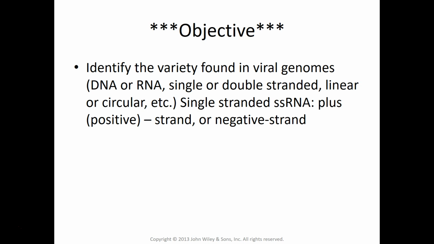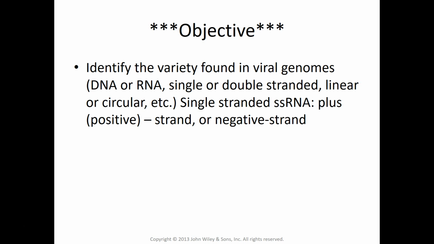Negative strand, it's the wrong direction. So ribosomes cannot directly attach to negative or minus strand single-stranded RNA. That's a problem, because the virus needs our cells to make its proteins.